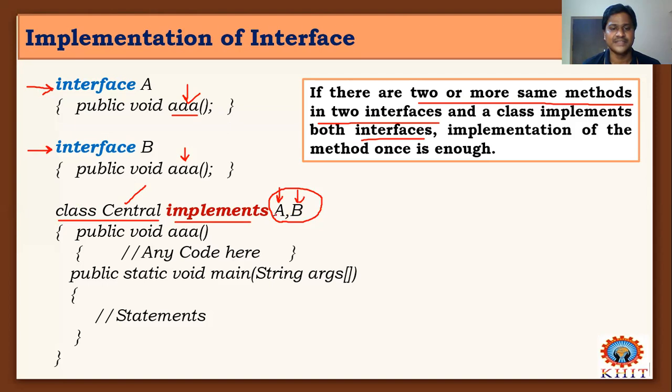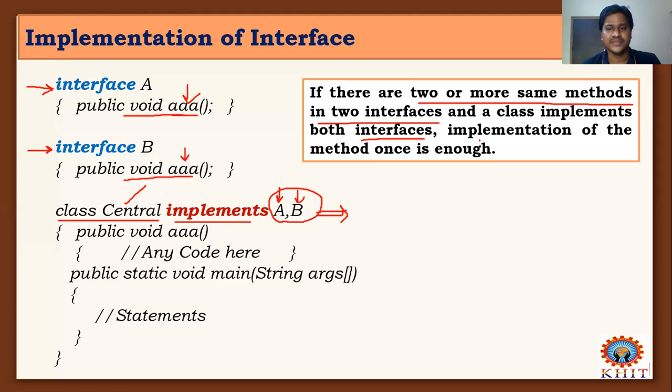These interface names are separated by a comma in the class definition. This statement clearly gives the point that this class is going to implement two interfaces called A and B. And here the same method is defined by interface A and defined by interface B.